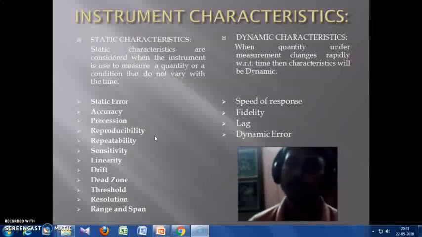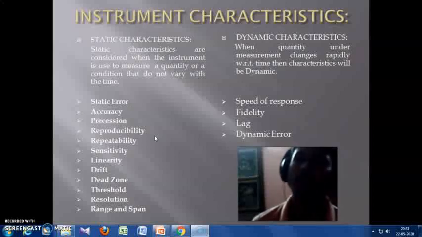So that should not happen in instruments. And dead zone: if the instrument doesn't have any instrumental error or manufacturing defect, it shouldn't have any dead zone.